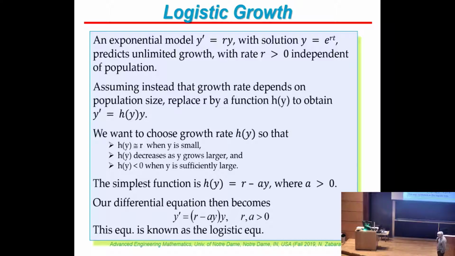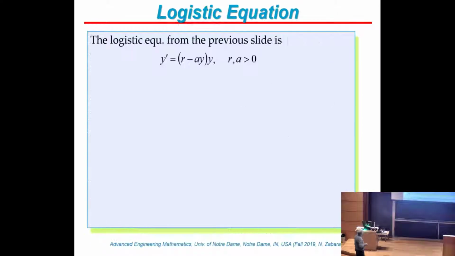So there are critical values of y. One of them is y equal to 0, and the other is y equal r over alpha. The y equal to 0 is going to turn out to be an unstable mode. So if you are close to y equal to 0, you will try to escape from there. But the mode y equal r over alpha, we will see, is a stable mode, and the solution will try to approach that critical point from above and below.